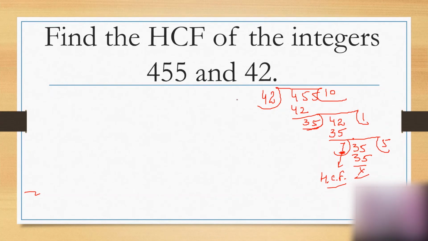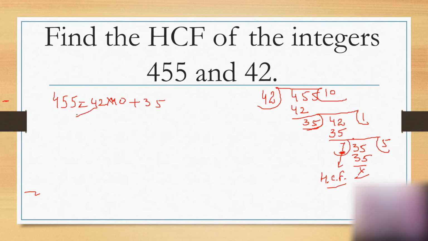For the initial steps, you can take help of this division, but take care, you have to come directly to Euclid division lemma. 455, the dividend, can be written as 42 into 10 plus remainder 35.